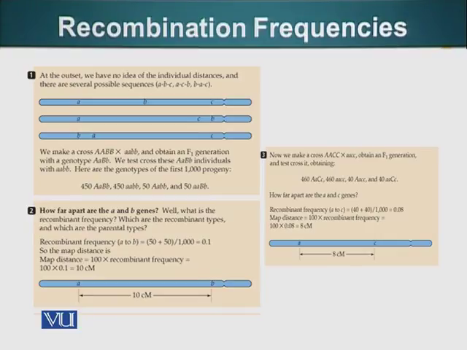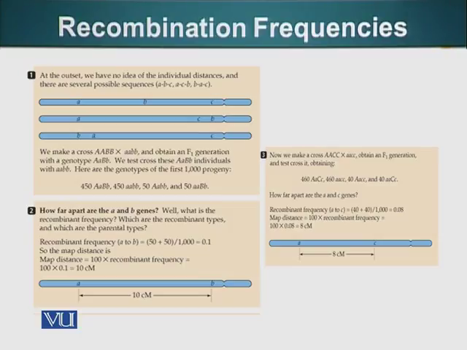Next we do an experiment looking at recombination frequencies between A and C. Here's the cross. These are the parents. We do this cross and we get the following data. We have 460 capital A, capital C and also the other parental type, 460 small a, small c.